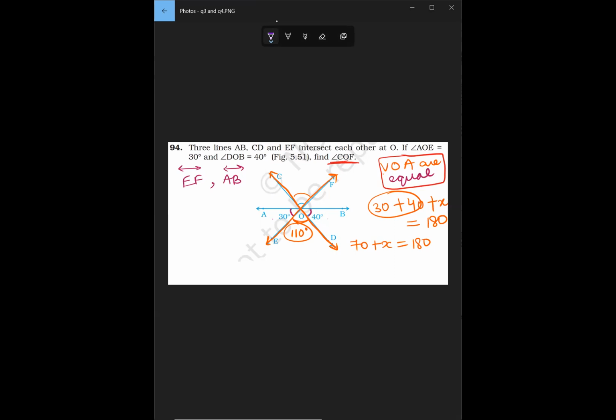How are vertically opposite angles equal? Okay. Let me show you. We have discussed this in one of our previous classes. Because they are symmetrical. Yeah, you can say that. Okay.